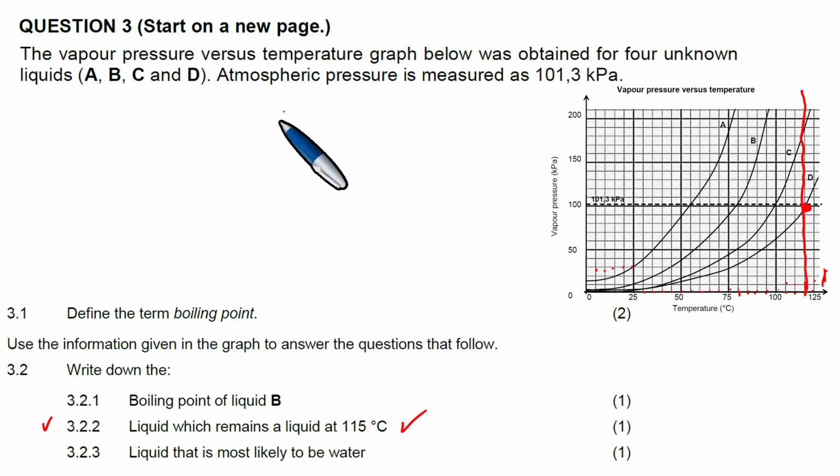Because the atmospheric pressure is actually 101.3 kilopascals.